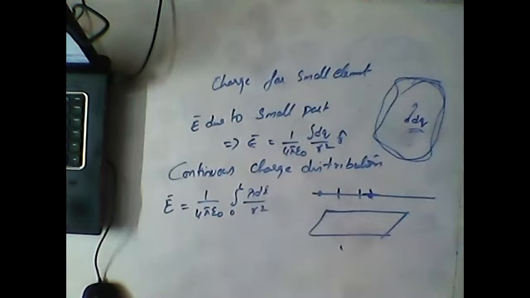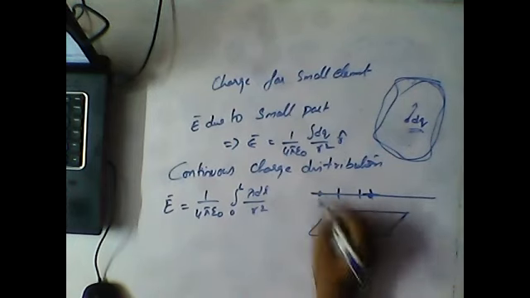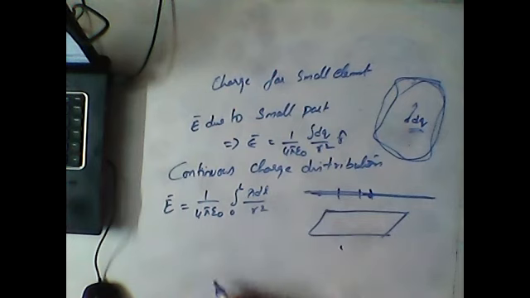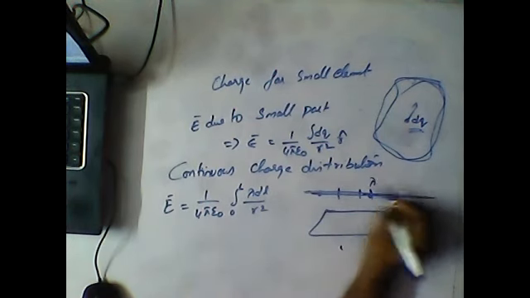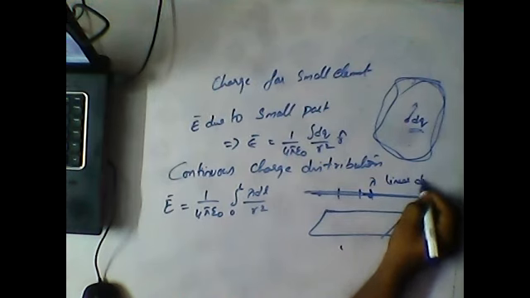This is the formula for an infinite line. So what is this lambda? Lambda is the linear density of charge.